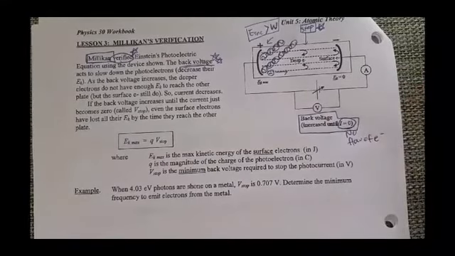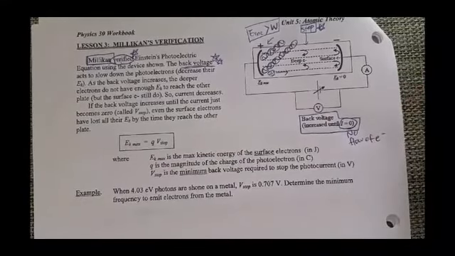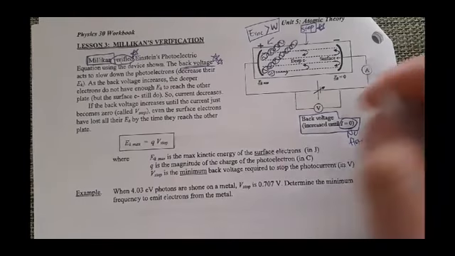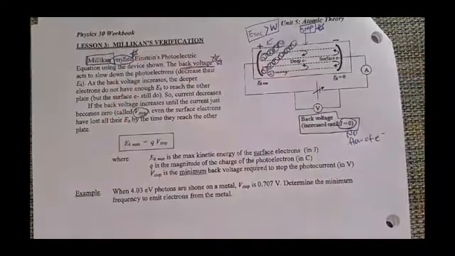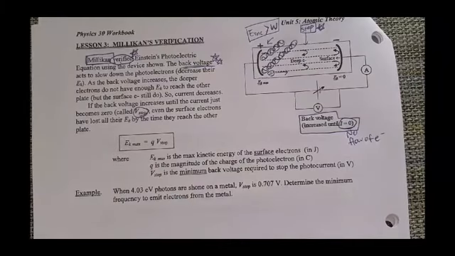So imagine Q over t, where Q is 0. And we call that specific number the stopping voltage. Even if the surface electrons have lost all their kinetic energy by the time they reach the other plate, you may notice that at this point, current is 0.